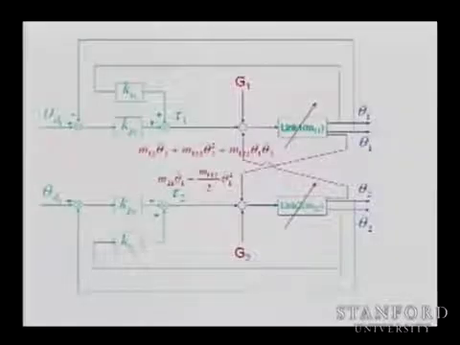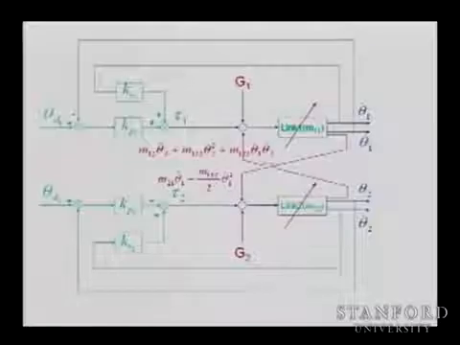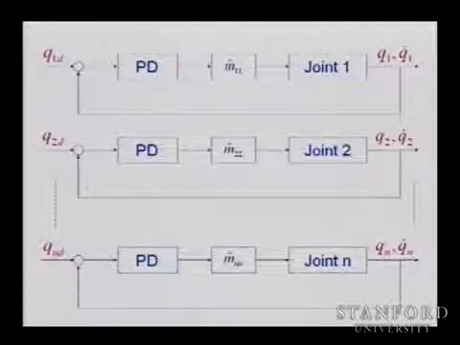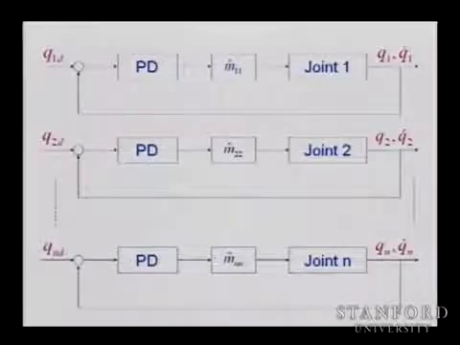And the only way you can deal with the rejection, as you know, is increasing KPs to reject your disturbances. So treating the system as an independent joint is not a valid assumption. And in fact, most robots today in industry still use this scheme.